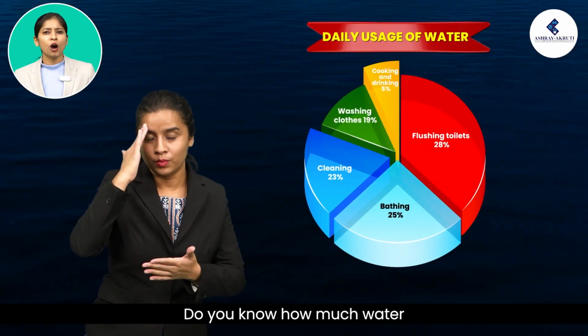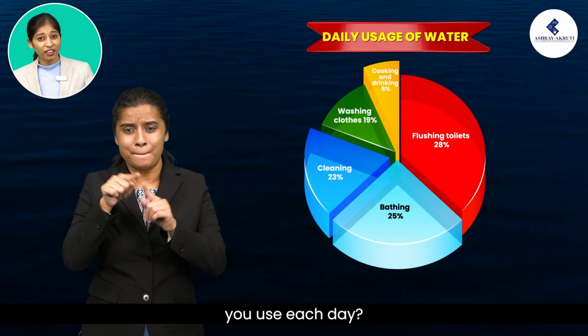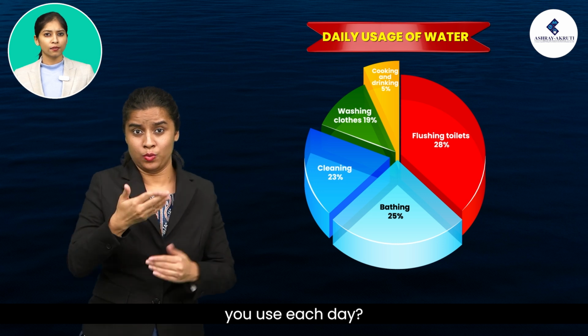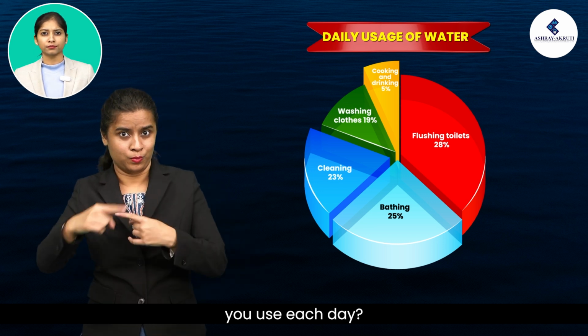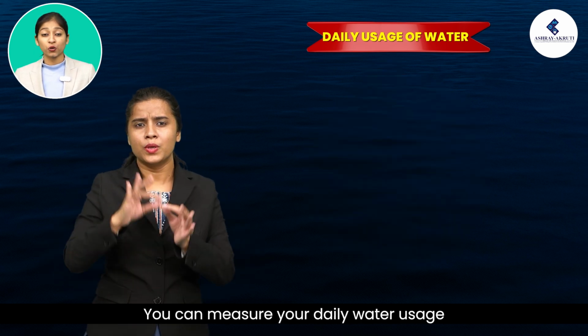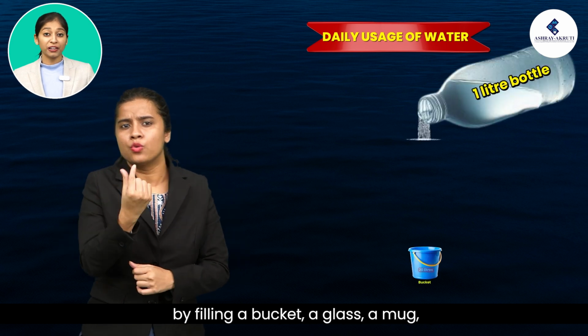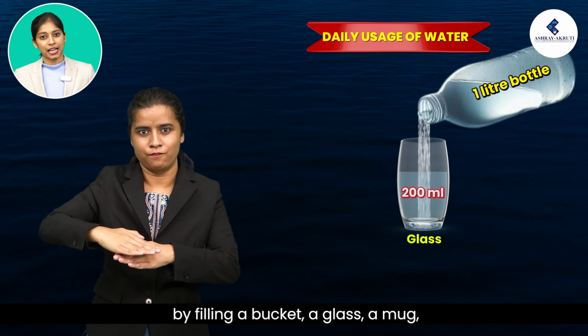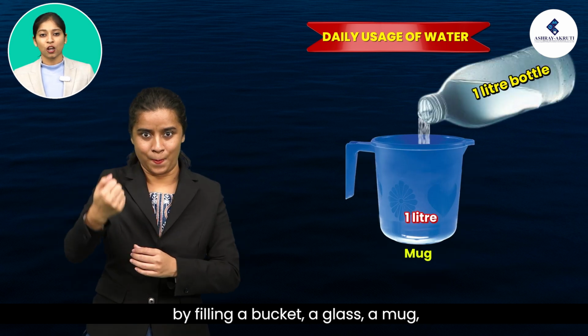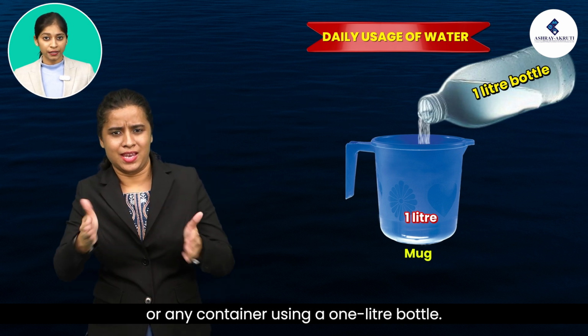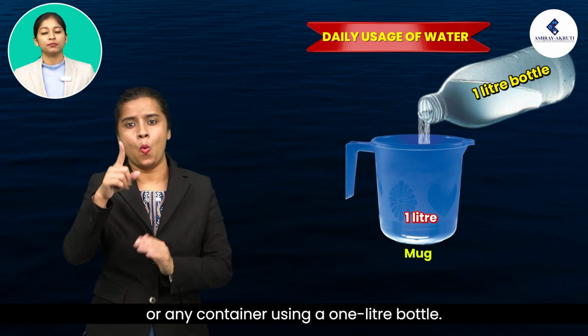Do you know how much water you use each day? You can measure your daily water usage by filling a bucket, a glass, a mug, or any container using a 1-liter bottle.